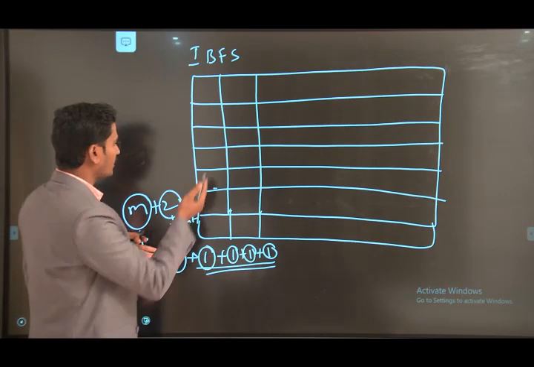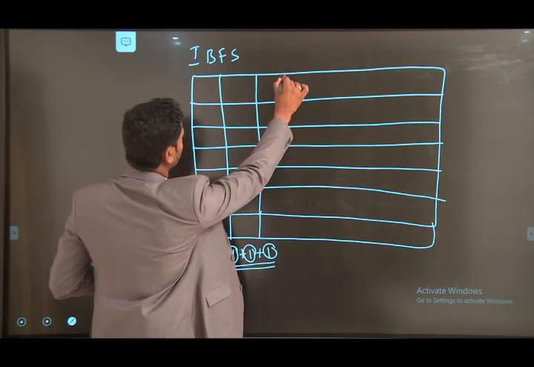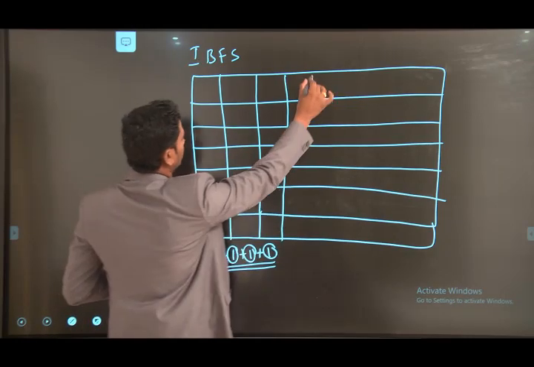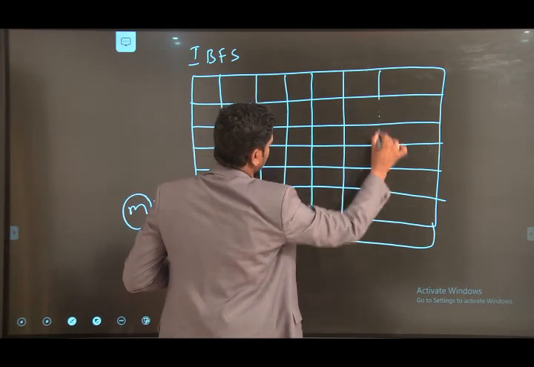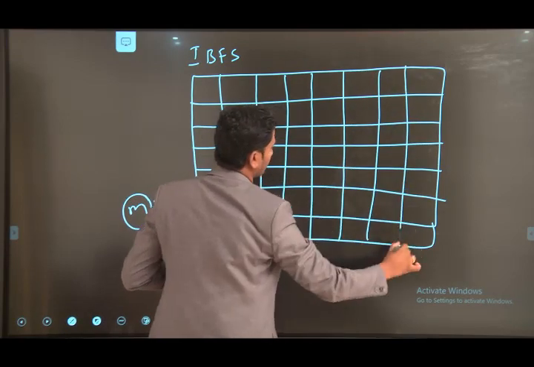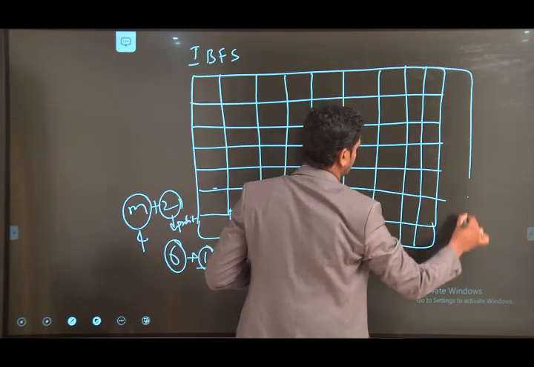Those number of columns we require in this table. 10 columns are required in this case.